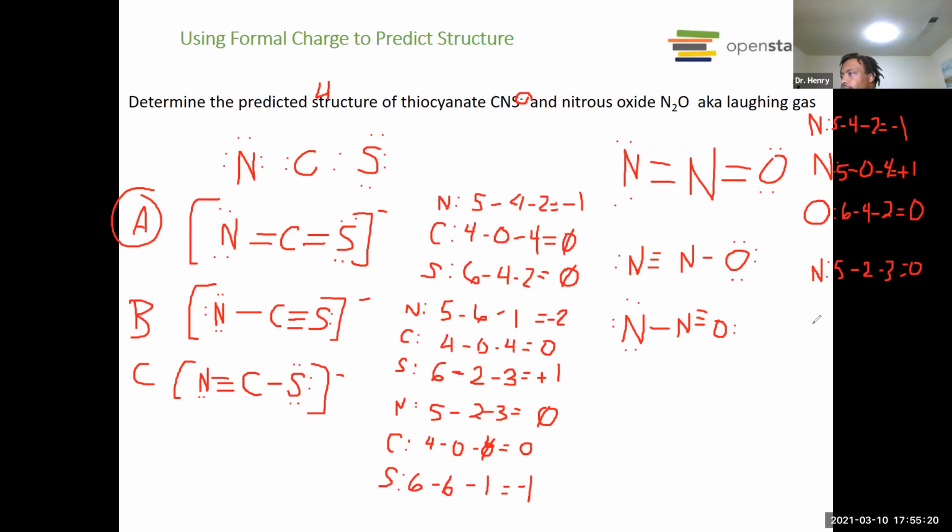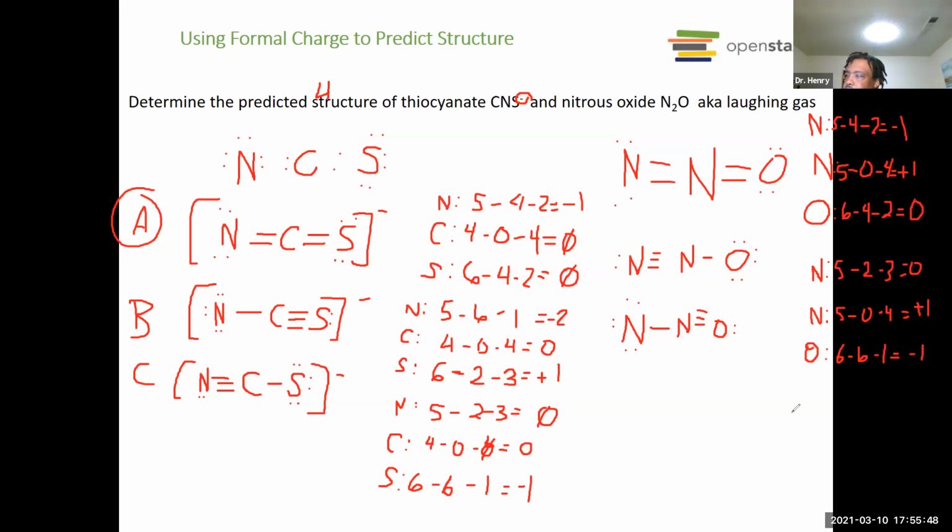The middle, which is 5 minus 0 minus 4, which is +1. And then we have the oxygen, which is 6 minus 6 minus 1, which is -1.